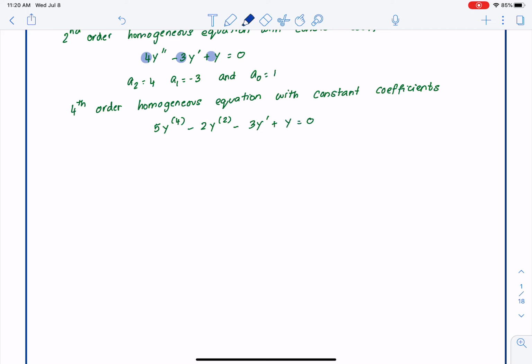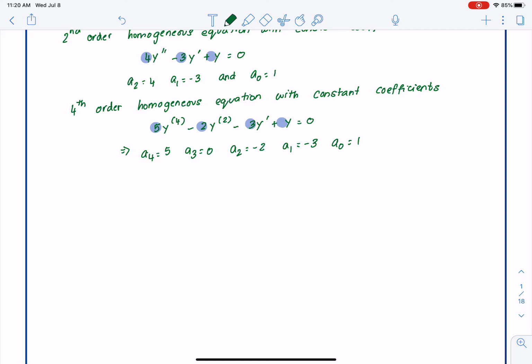Here, that's a constant, that's a constant, that's a constant. The constant there is 1. So a_4 is 5. a_3 is missing, so it has to be 0. You don't see a third derivative here. a_2 is minus 2. a_1 is minus 3. And a_0 is 1.